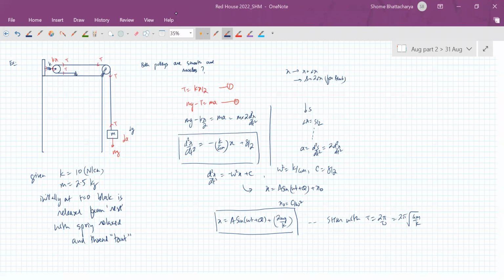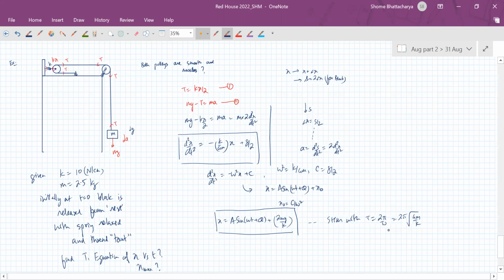So from this we will also now find the time period, equation of x versus t and maximum extension of the spring. All these things we have to find out. So now for us, all that is remaining is to find the amplitude and the phase constant.